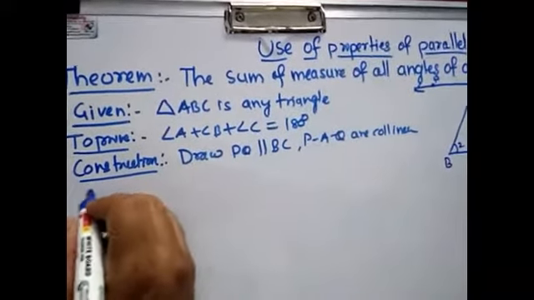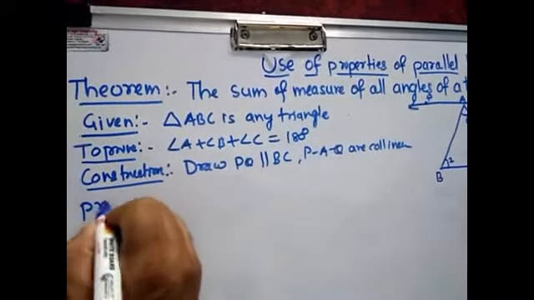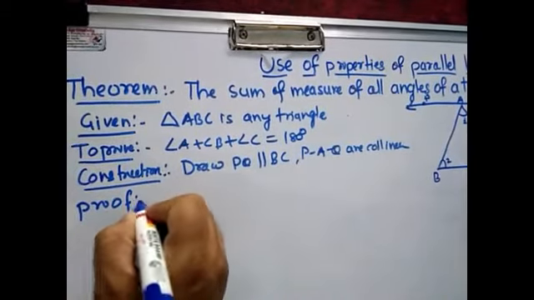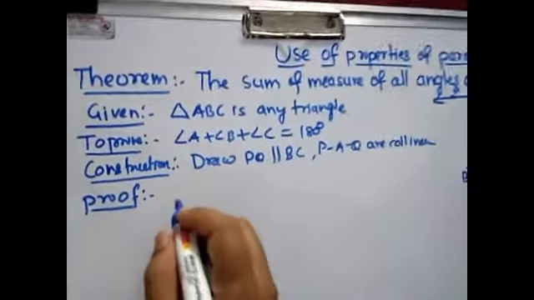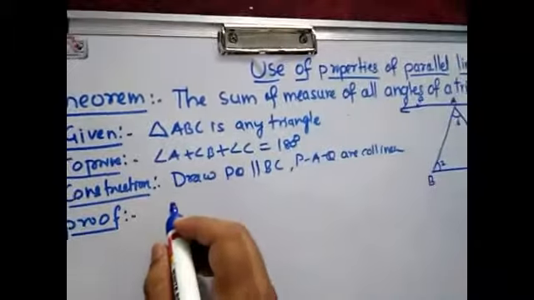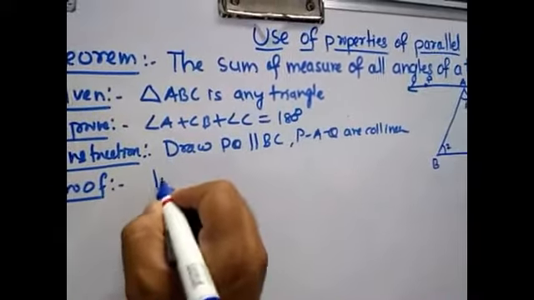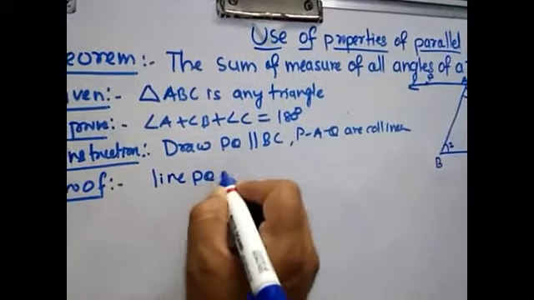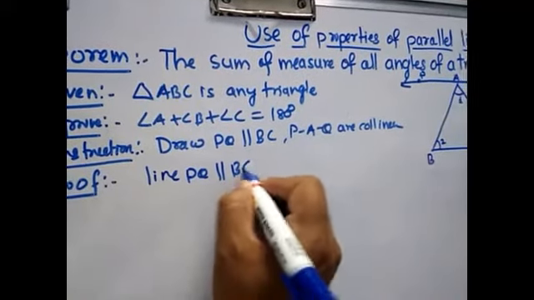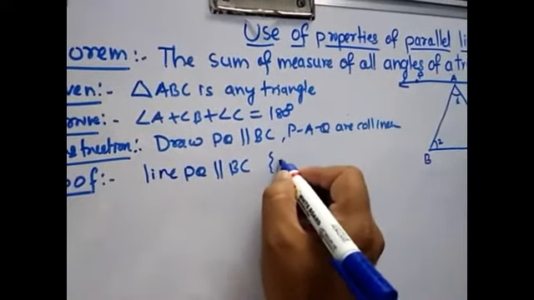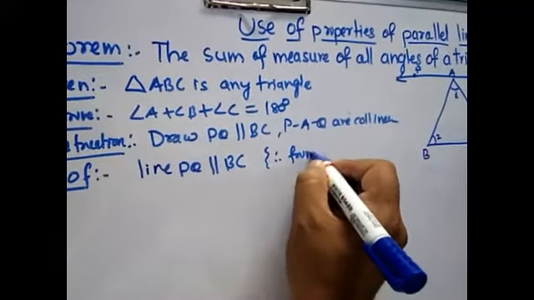Now after this construction we prove it, and it is a very easy proof. First of all, write down line PQ is parallel to line BC, from construction.